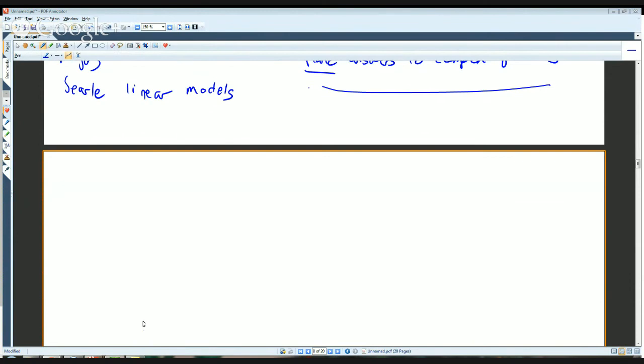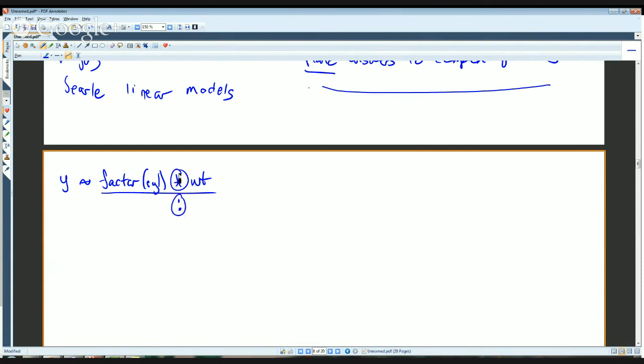In R, if you do y tilde factor, let's say cyl asterisk weight, this will fit the model. If you put this asterisk in there, there's a difference between putting in an asterisk and putting in a colon.